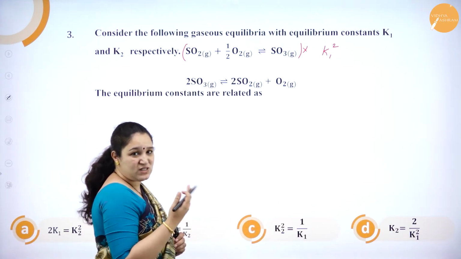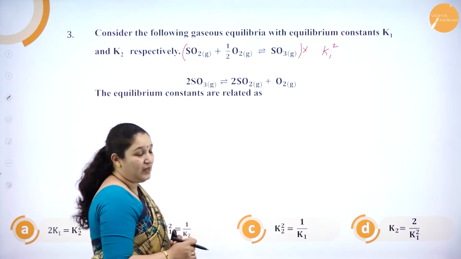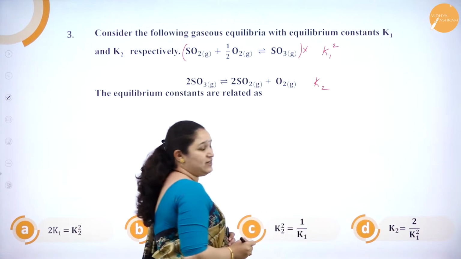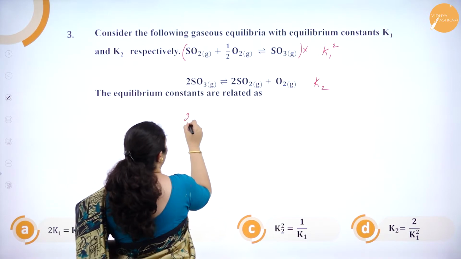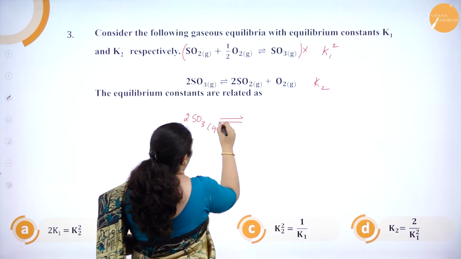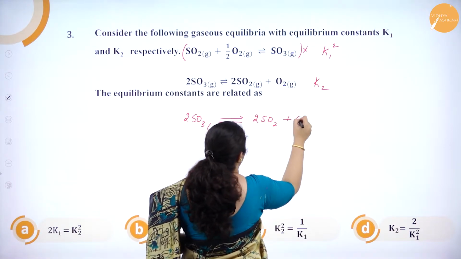Correct? The constant K1 we have to square when you are multiplying the entire equation by 2. Then this is K2. For the second equation, the equilibrium constant is K2. Now I'll reverse the first equation. So it will become 2SO3 gas reversible 2SO2 plus O2.